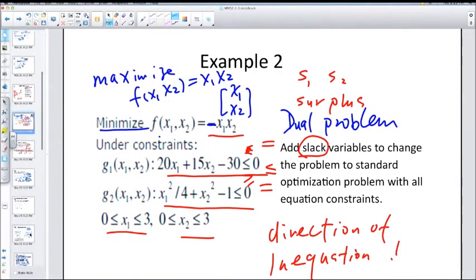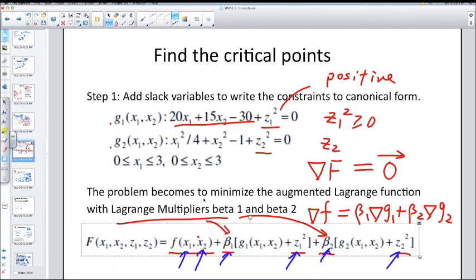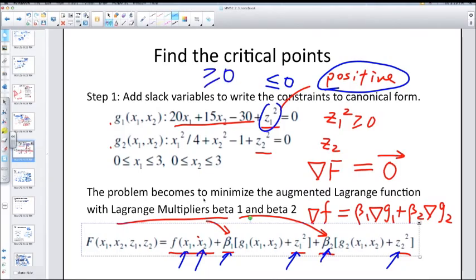Second, you have inequations. That's nothing new. You just need to add slack variables. And when you add these slack variables, a pitfall is here. You need to make sure this is positive. Then you move the equivalent without that is less or equal. But how about if it's greater or equal, then you're going to minus a z1 square, right?